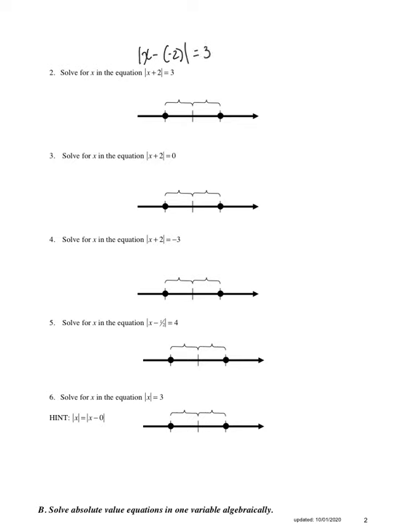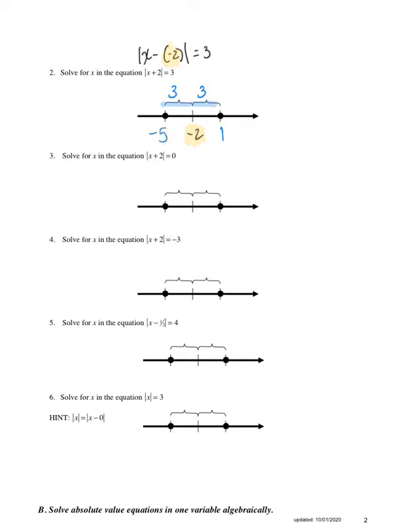So if I look at that, I'm starting with -2. That's where I am on the number line. And I'm going 3 units to the right and 3 units to the left. If I go 3 units to the right, where am I? I'm at 1. If I go 3 units to the left, where am I? I'm at -5 on the number line.